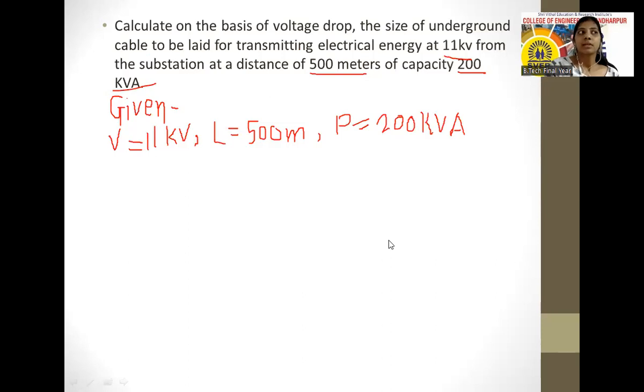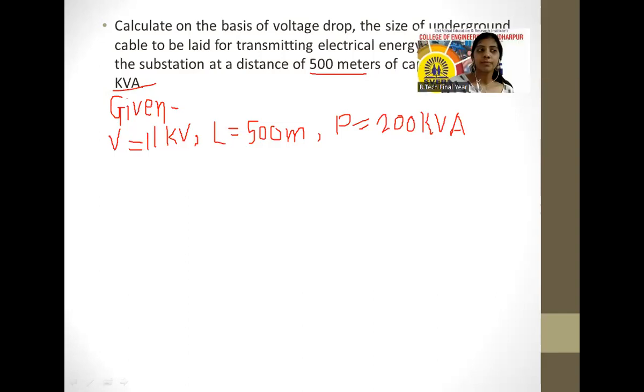Current carrying capacity. After that, we have to consider 20% more current. That means the overload condition we have to consider. After calculating the overload condition, we have to add that current or find the total current. Okay. After finding the total current, what we have to do?